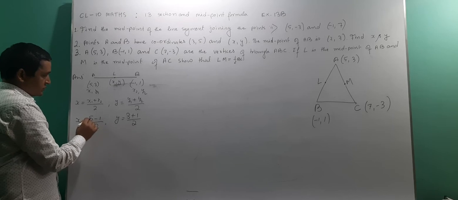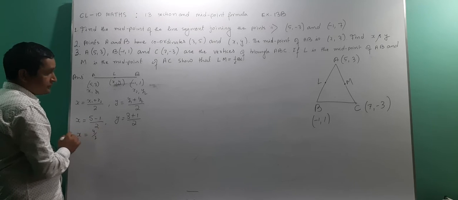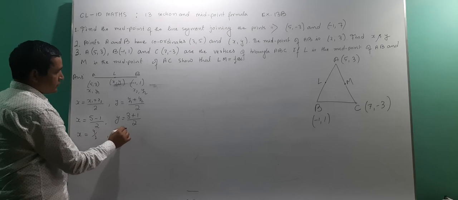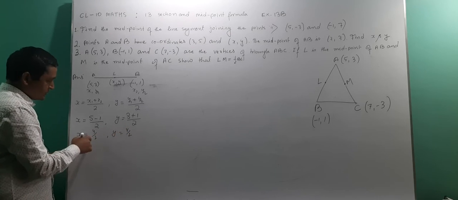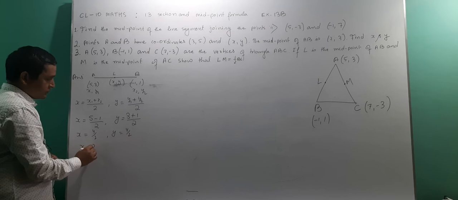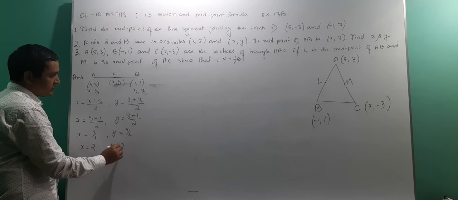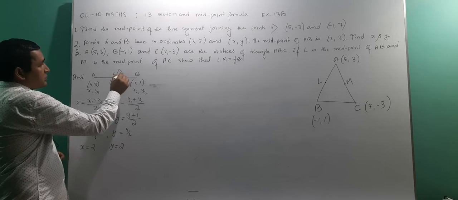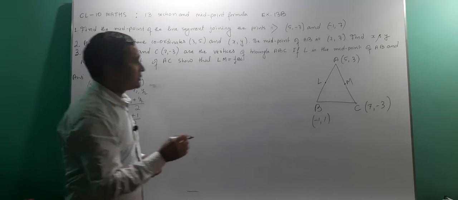Then x equals 4 divided by 2 and y equals 4 divided by 2. After cancellation, x equals 2 and y equals 2. That means we got the coordinate of L: (2, 2).